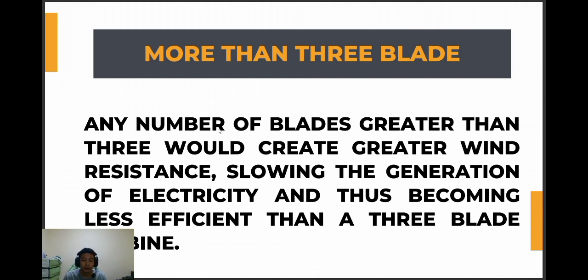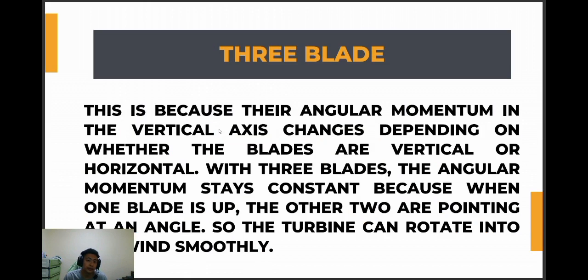So, next is 3-blade. Bakit nga ba naging 3-blade yung pinakasakto sa wind turbine natin? Dahil kay sa 3-blade, nagiging maayos yung pag-ikot nito. Dahil nga, sabi dito, this is because their angular momentum in the vertical axis changes depending on whether the blades are vertical or horizontal.